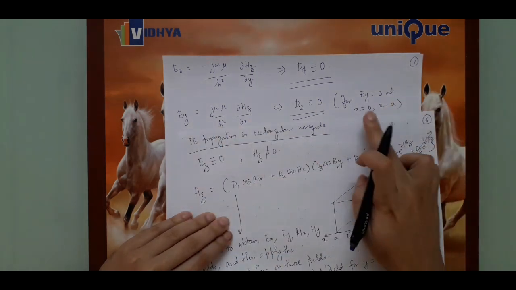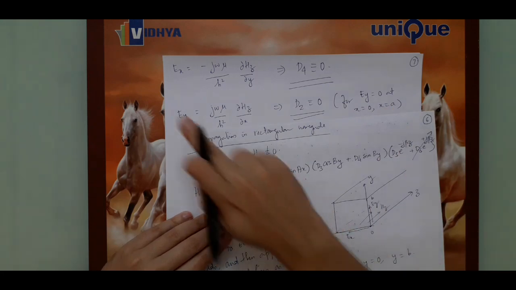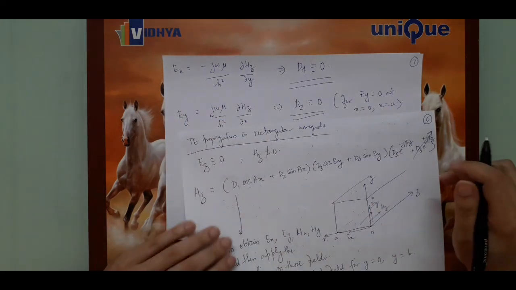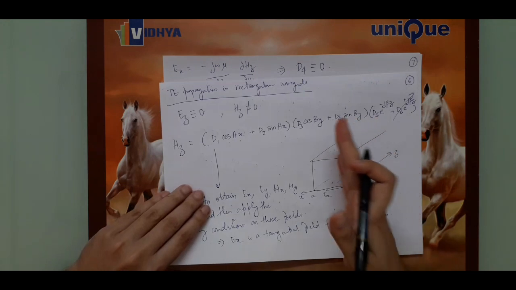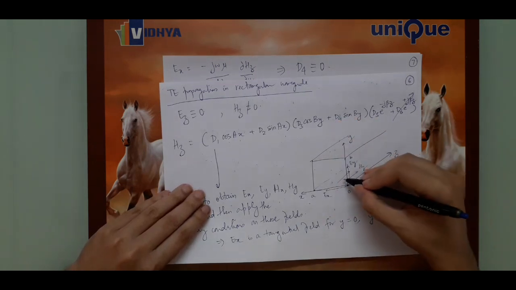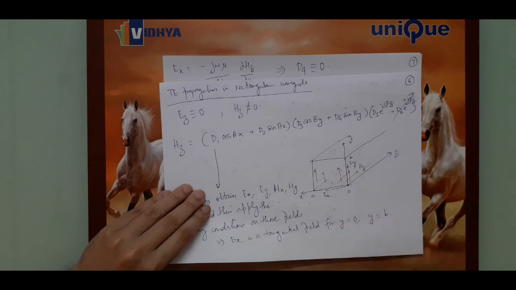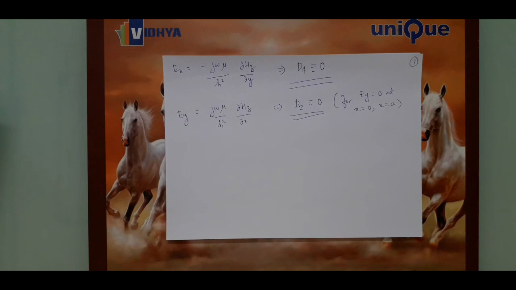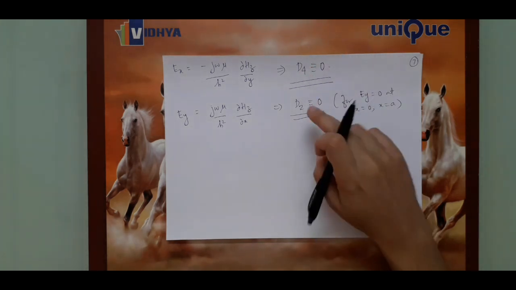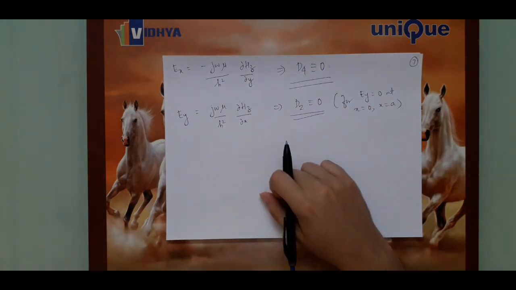Because for these two walls, the Ey is the tangential component. So the Ey will exist like this, which at these two walls will be 0. So that is how it is. Therefore we have proved that D2 and D4 should be 0.